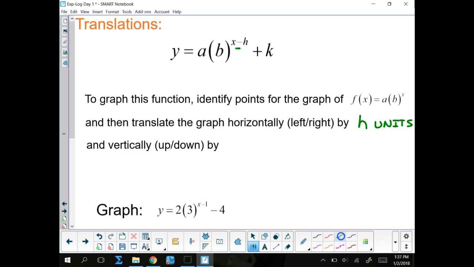So this part right here is your left and right. Vertically is your k.